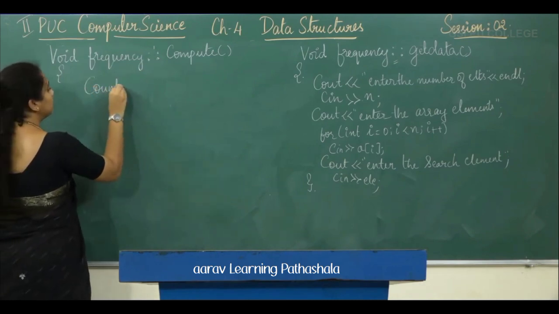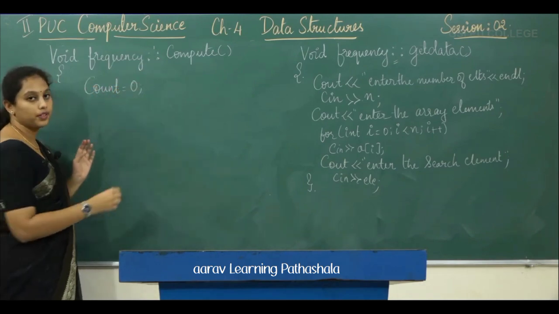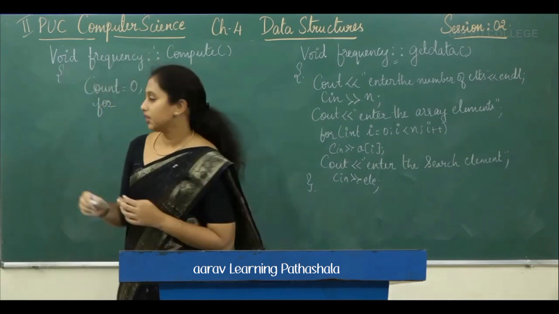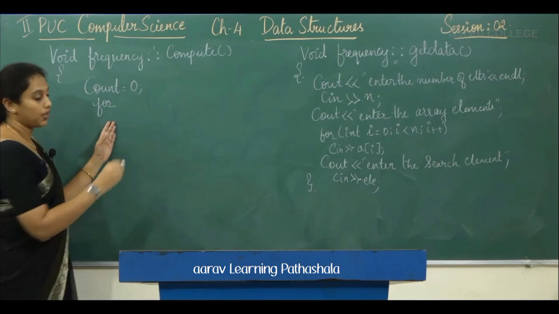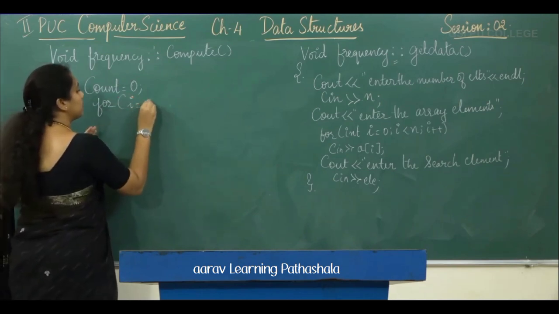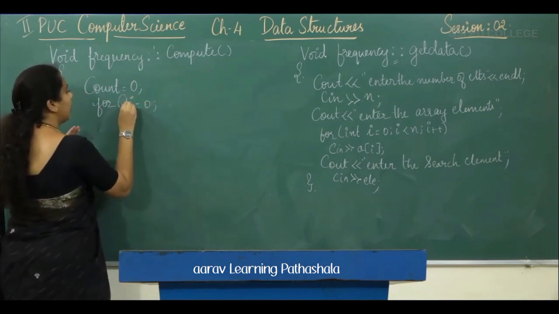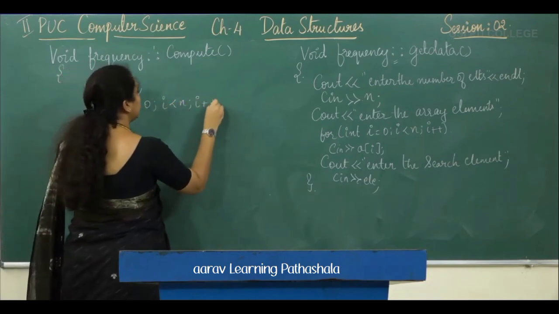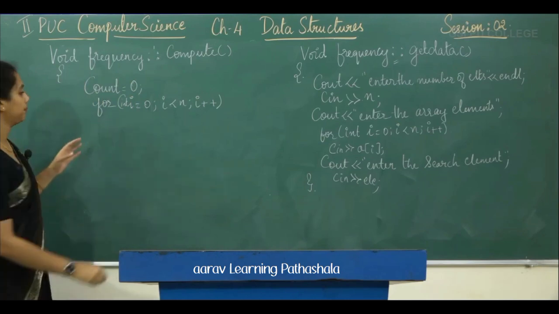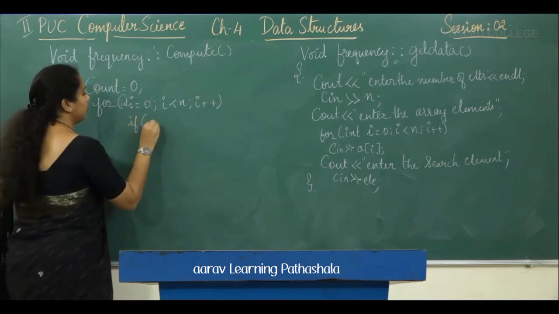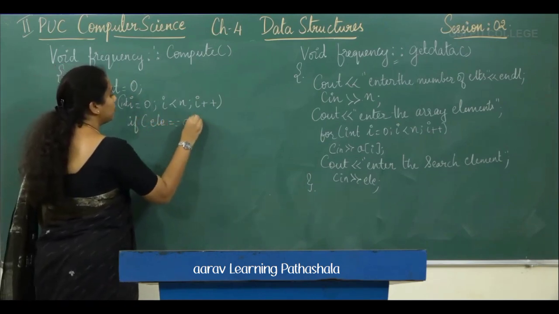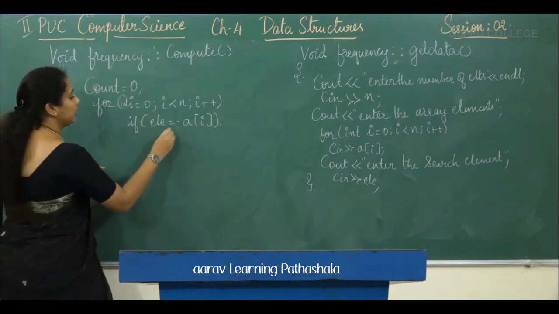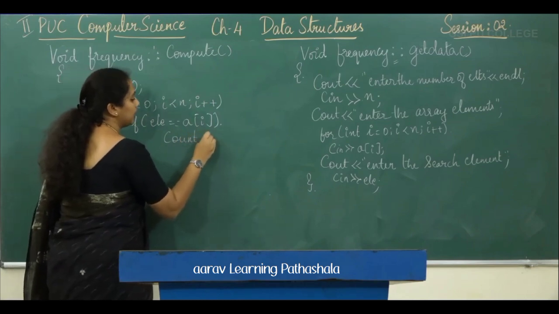Count is equal to 0. As we have to traverse an array, we are using a for loop. For int i is equal to 0, i less than n, i plus plus, if element is equal to a of i, then count gets incremented.